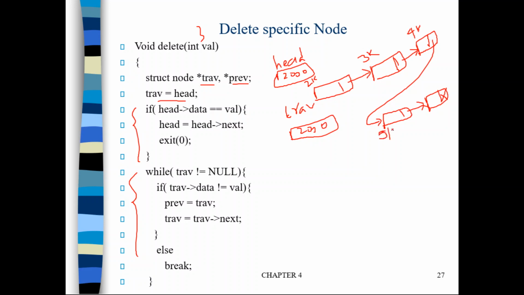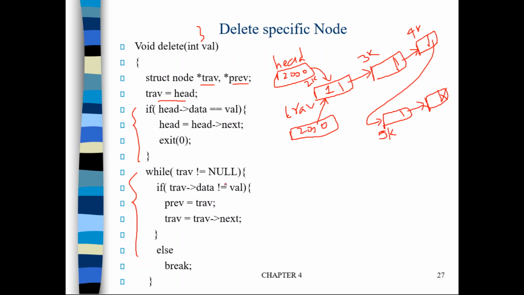Fine. So here, while traverse is not equal to null: traverse is pointing to the first node, it's not null, and head is also pointing to the first node. While traverse not equal to null, if traverse arrow data not equal to val. What is its data? 1. Traverse data is 1. Is it equal to val? No, it's not equal to val.